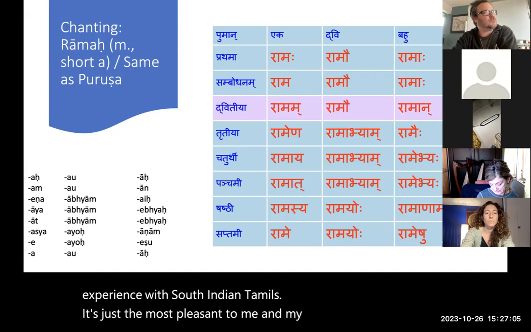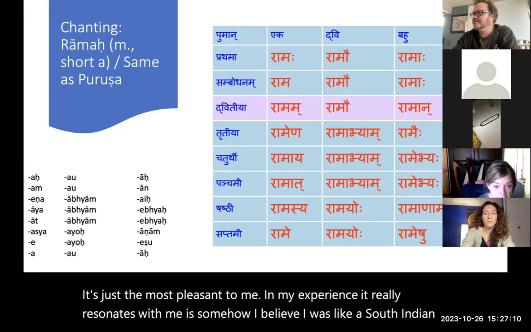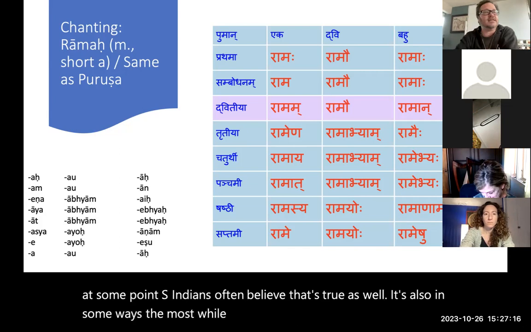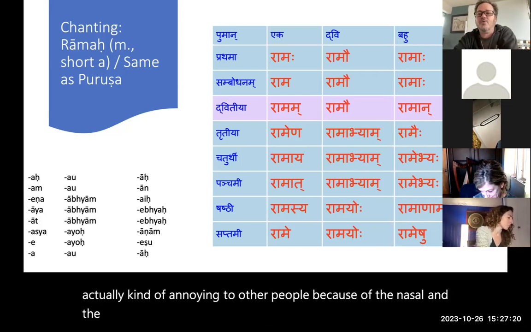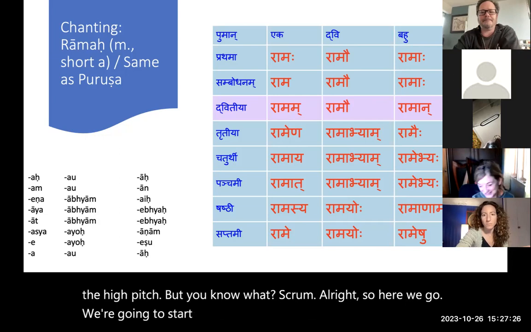In my experience, it really resonates with me. Somehow I believe I was like a South Indian at some point. South Indians often believe that's true as well. While it's the most pleasant to me, it's actually kind of annoying to other people because of the nasal and the high pitch. But you know what? Screw them. All right. So here we go. We're going to start slow and build.